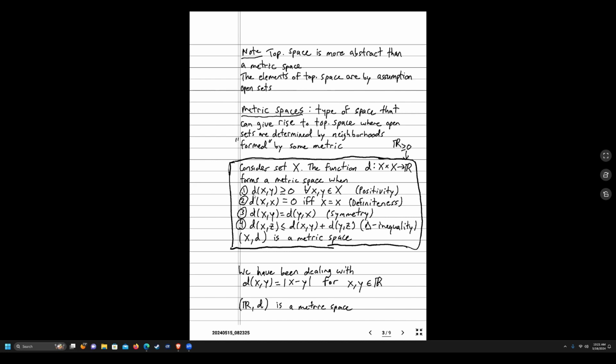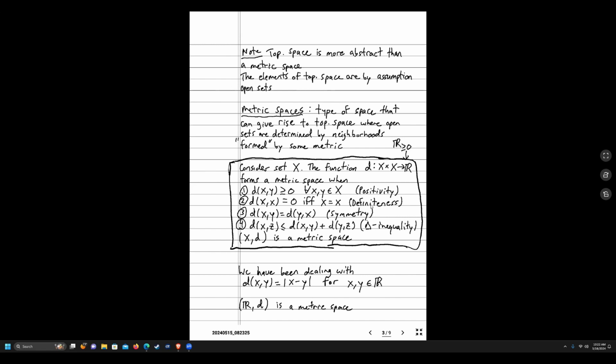If I apply this function d between any 2 points x and y that are part of the set X, then d(x,y) is going to be greater than or equal to 0. This is called positivity. Now apply the function d to x and x, then that's going to equal 0 if and only if the two points are the same, and that's definiteness.